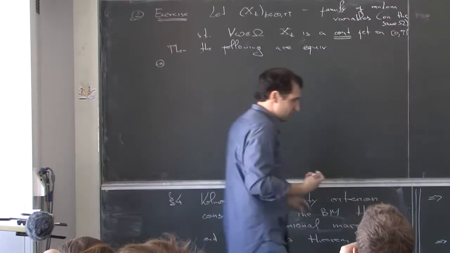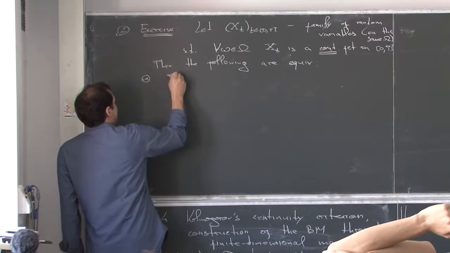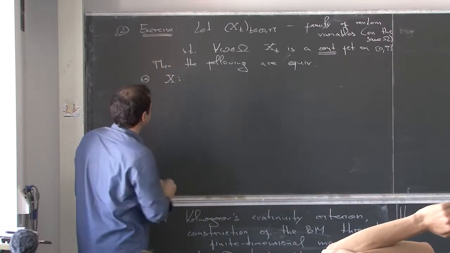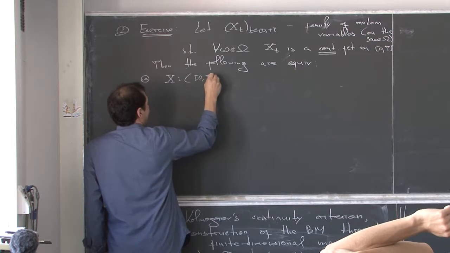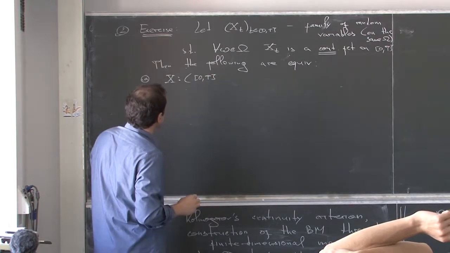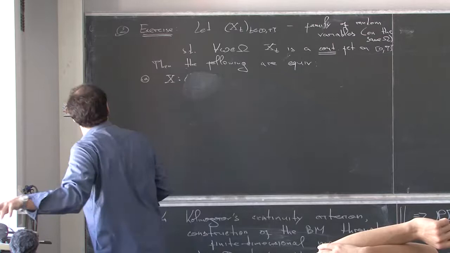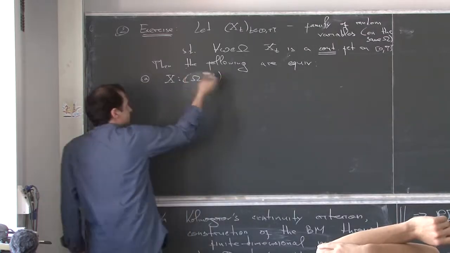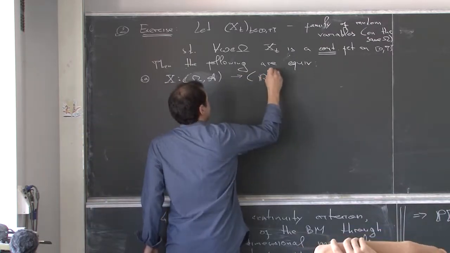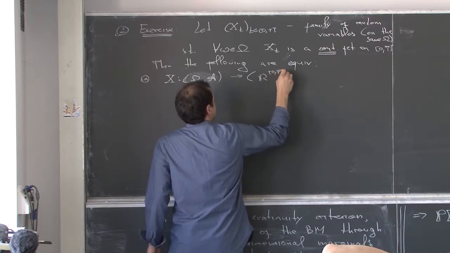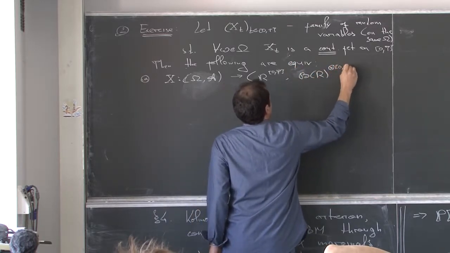So then there are three concepts of measurability one can use. The first concept is that I think about this as a mapping from omega, with the sigma algebra given, to R to 0t with this abstract tensor product sigma algebra.